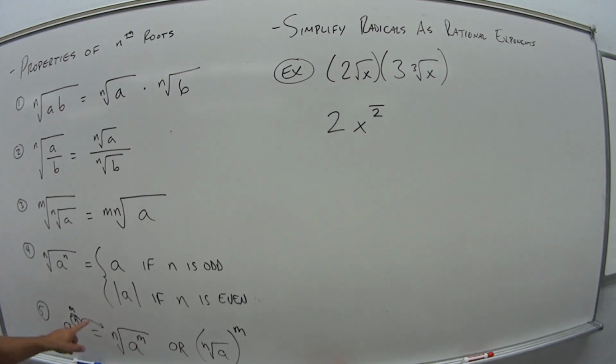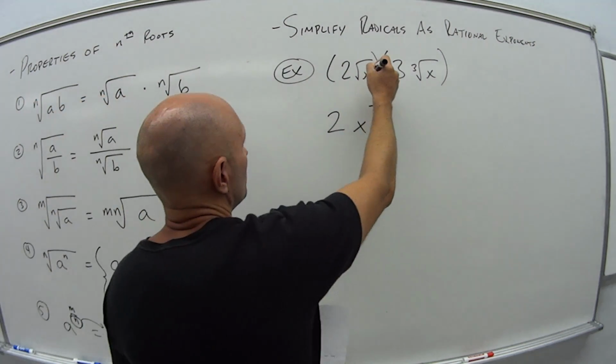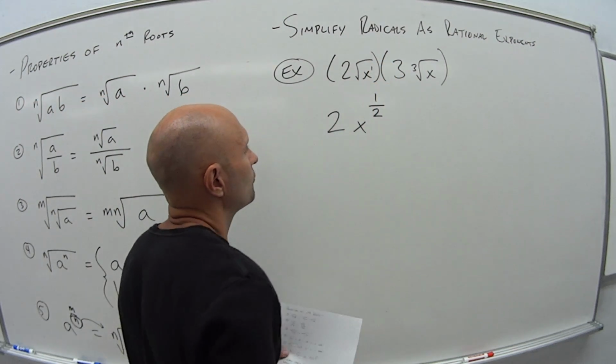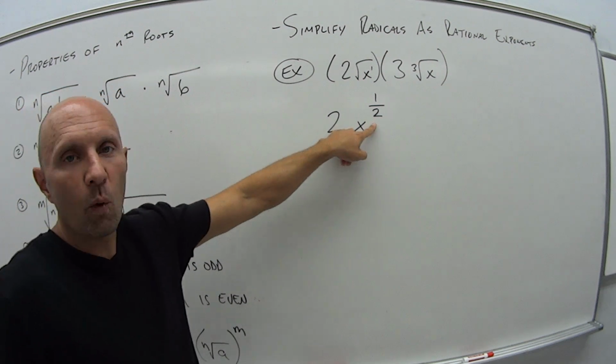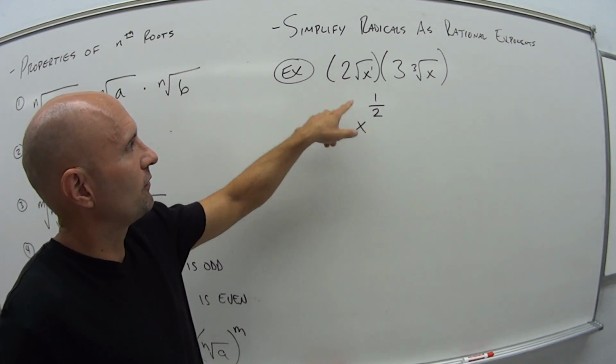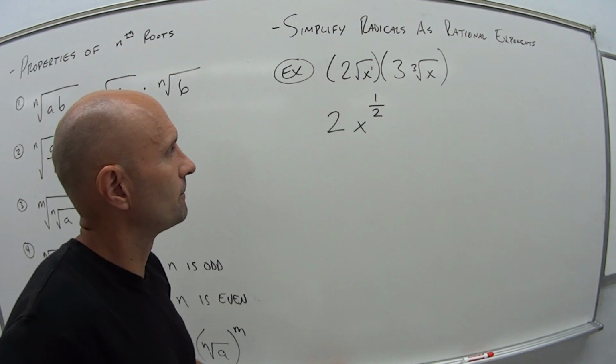The number in the numerator of the fraction is whatever power is attached to the number inside. So this is like x to the first power. So it's really 2x to the 1/2 power, which is the same as saying 2 times the square root of x.